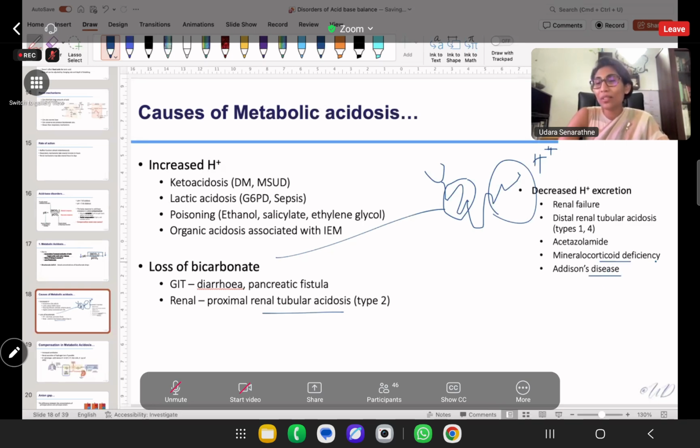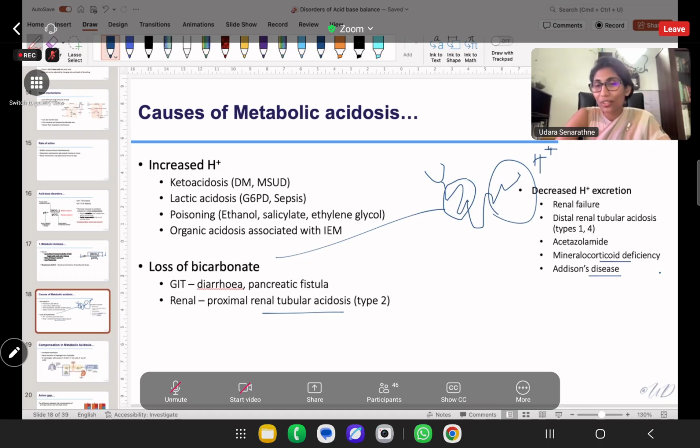Addison's and mineralocorticoid deficiency. So Addison's disease, what happens there? You don't have enough cortisol, which will indirectly lead to H plus buildup.